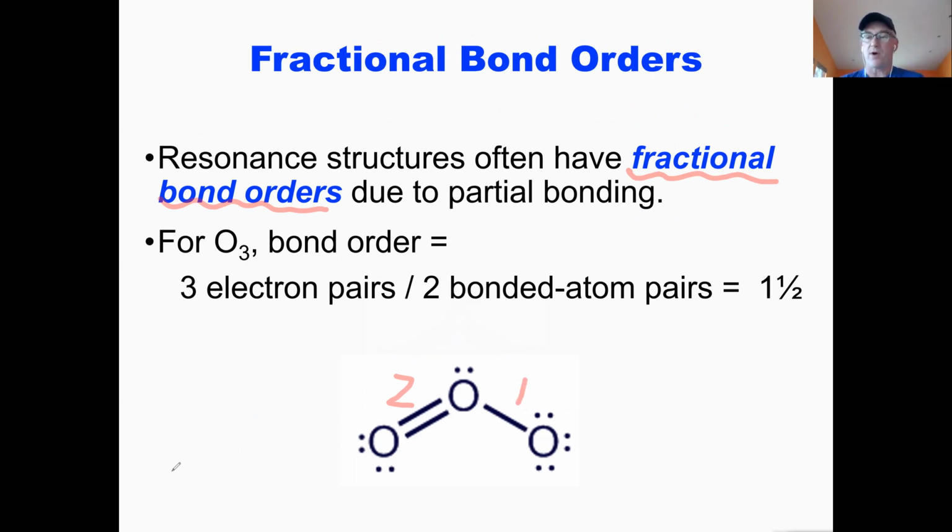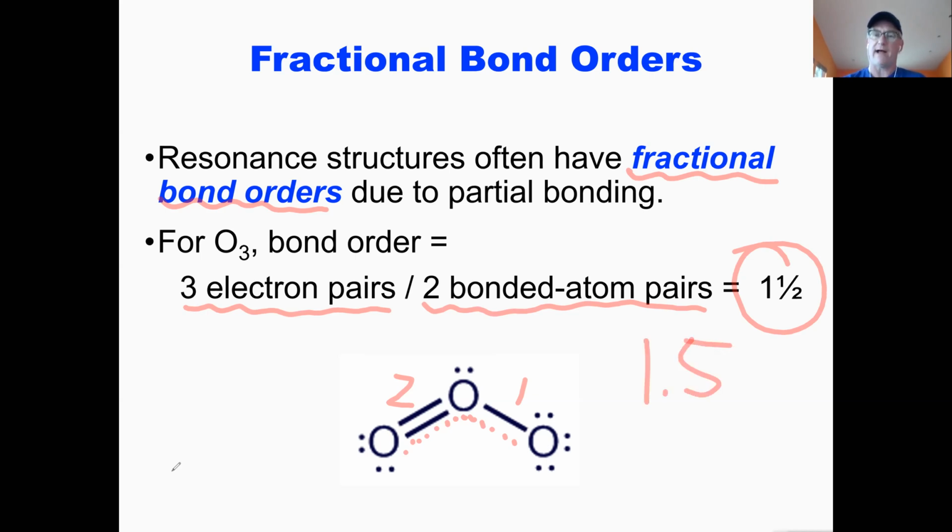Well, that would have a bond order of 1. But we see with ozone, since we have this sort of equal distribution of electrons all the way around, we say that there's a total of 3 electron pairs. There's 6 electrons there, and there's 2 places for them to be. So that's basically a bond and a half. So we say it has a bond order of 1.5.